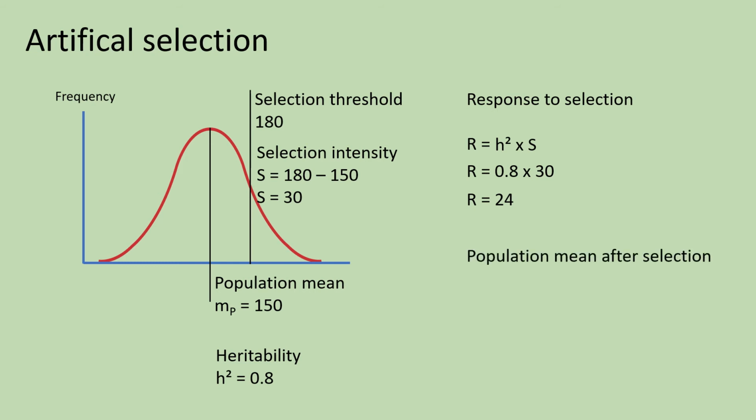Now to calculate the population mean after selection, simply add the response to selection to the current population mean and you get an average carrot weight of 174 grams after selection. This is obviously an average estimate and will also depend on the environment in which the carrots will be grown.